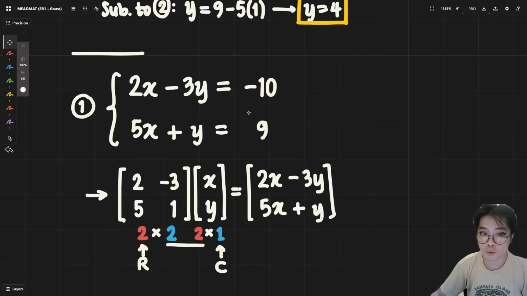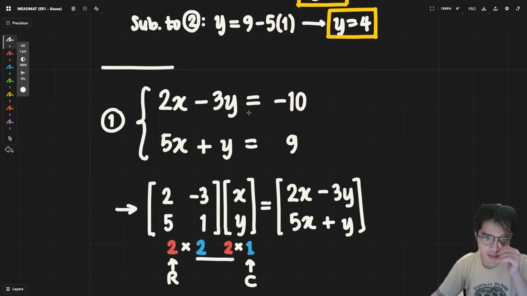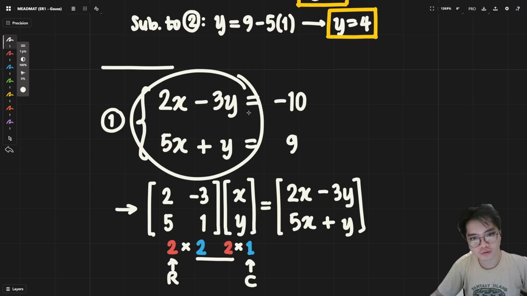So it turns out that if you're going to decompose this thing, if you're going to express this another way, it can be the product of these two matrices.